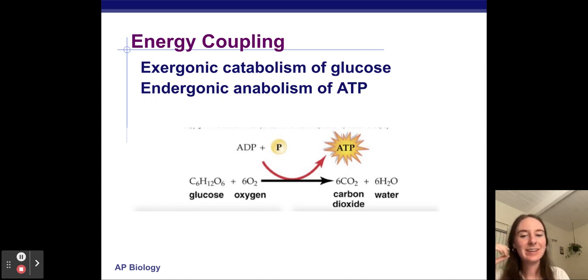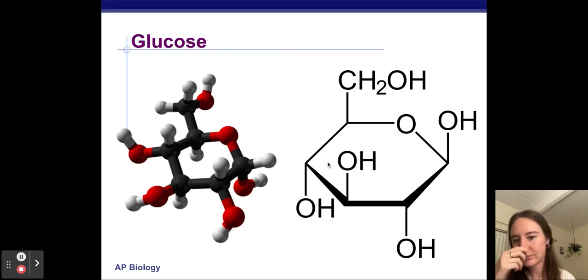And so this does not want to happen. So in order to get this phosphate back on the train, in order to get that friend back in the friend group, it's going to take a lot of energy, right? And so energy comes from the release of energy from glucose to carbon dioxide and water. So it's coupling of reactions. This exergonic reaction here is used to power this endergonic reaction.